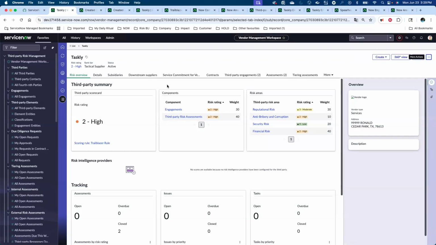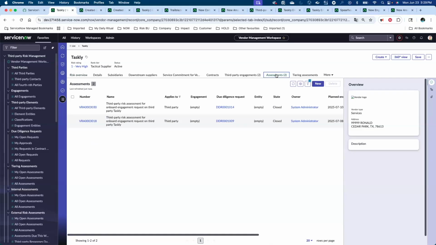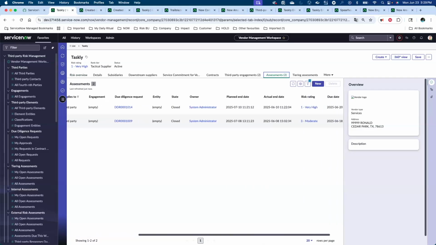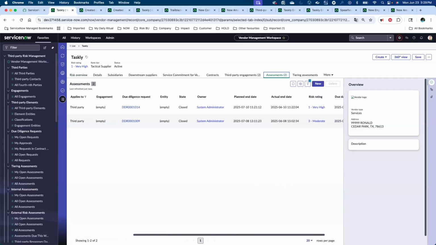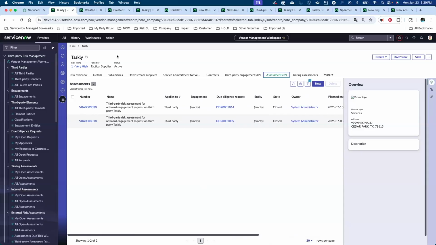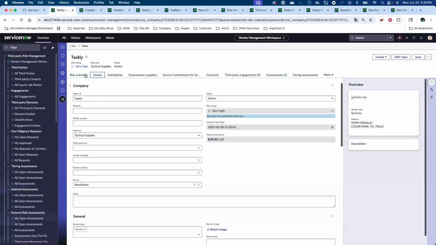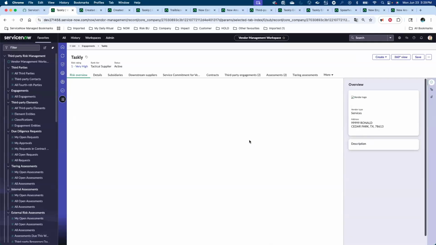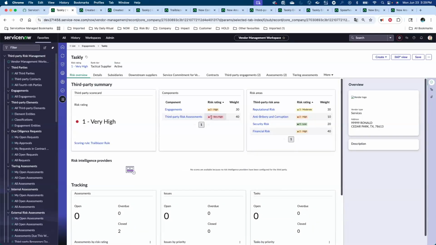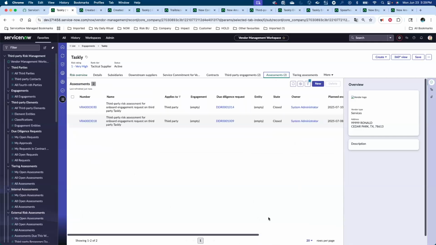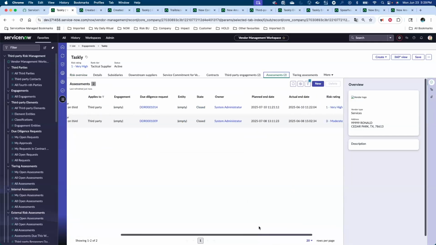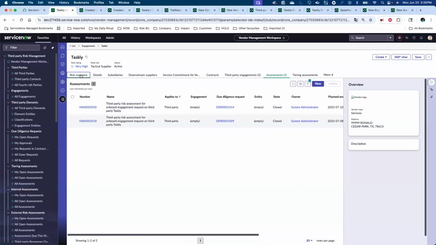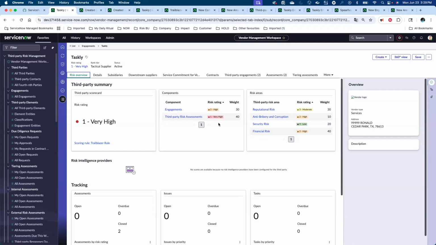As we recalculate, in assessments we want to take the max. So it has taken the max. It has taken 1 very high because we had the assessments, 1 very high and 3 moderate. So instead of an average, it has taken 1 very high.